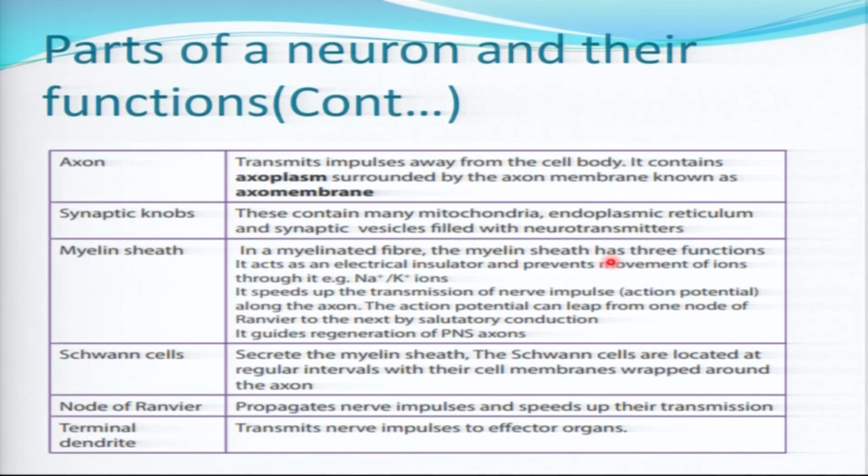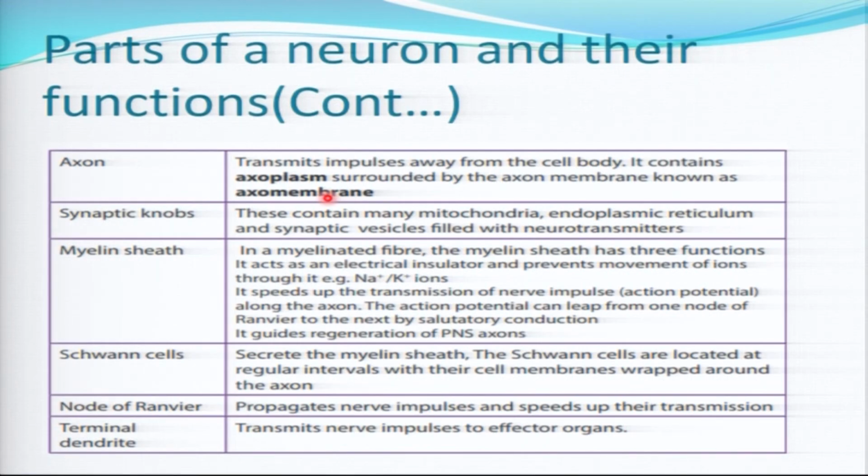Axon transmits the impulse away from the cell body, so that it can reach the brain. It contains axoplasm, surrounded by axon membrane, known as the axolemma. This is the membrane of axon. So the axon has to carry the impulse away from the cell body.